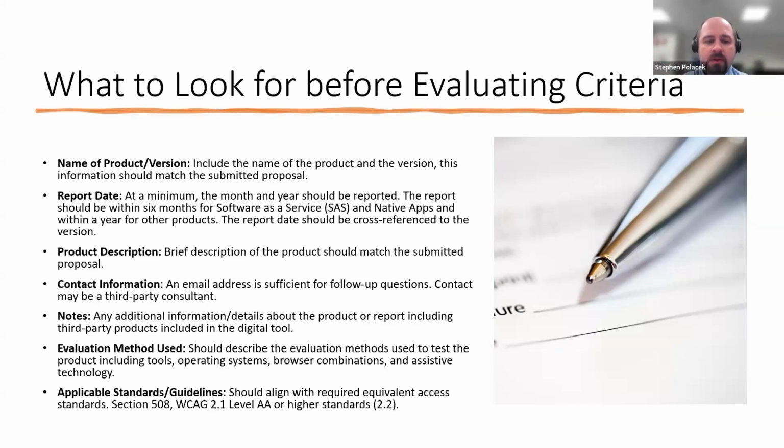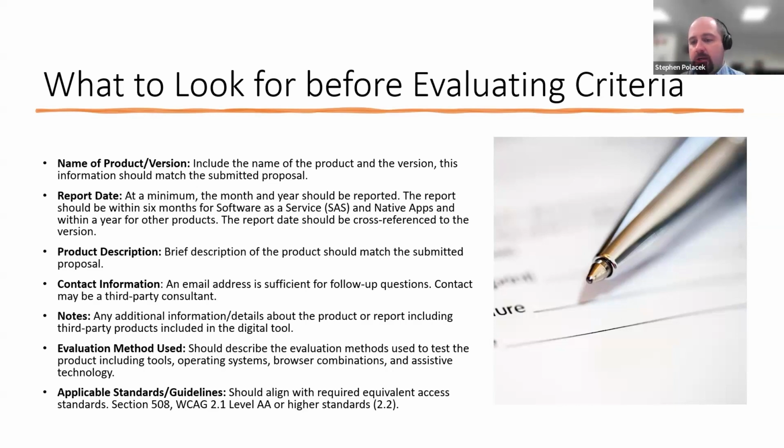Contact information: an email address is usually sufficient, but you want someone to talk to who is the person who filled out this report, so that you can know what they were thinking, how they tested, or if you have any questions about what they put in the report. The contact can be a third-party consultant if the vendor hired someone like Level Access or DQ to test their product for them and fill out the report.